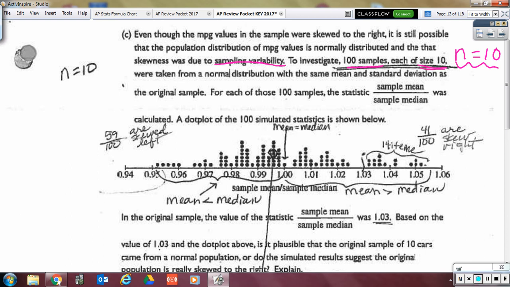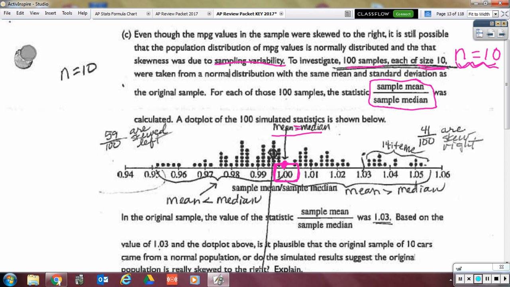And they took each of these samples of 10 and did the mean divided by the median to see what value they got. Of course, if mean divided by median is 1, then that means the mean equals the median. So this one right here was a perfectly symmetrical sample, because its mean equaled the median.